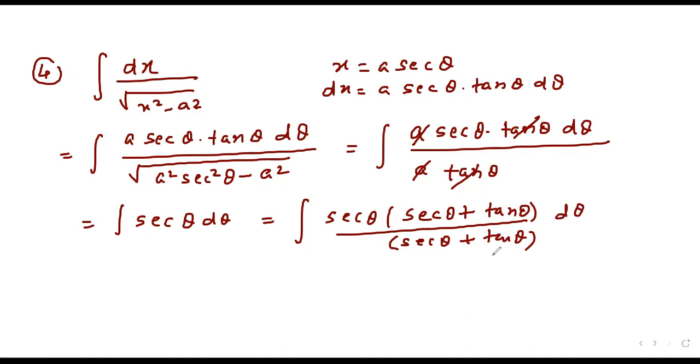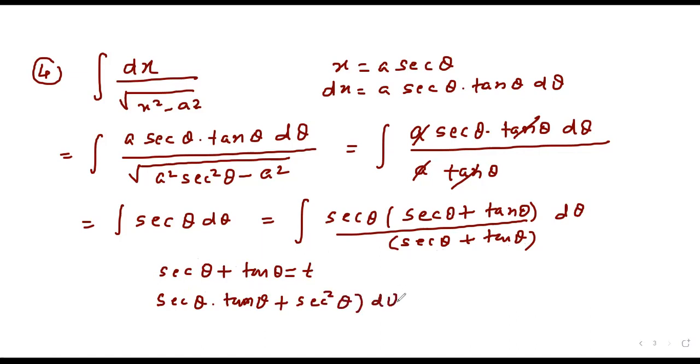If we take sec theta plus tan theta equal to t and differentiate it, it becomes sec theta tan theta plus sec square theta times d theta equal to dt.